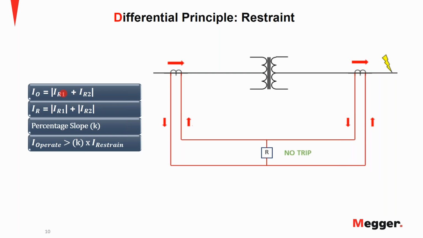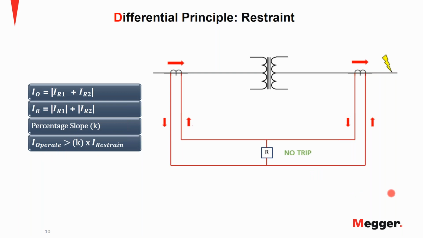these are some basic calculations that you will see in manuals. Specific relay manuals have specific calculations for the operate and the restraint. You have your percent slope calculation, and then you're going to have your operate, which is going to be greater than your slope percentage times the restraint current.